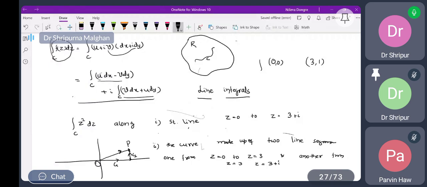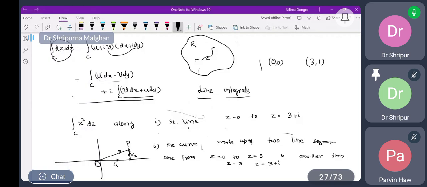The first one is given to us as a curve, a straight line, z equal to 0 to z is equal to 3 plus i. Okay, so that is what we have here. It is a line passing through two points, 0, 0 to 3, 1.